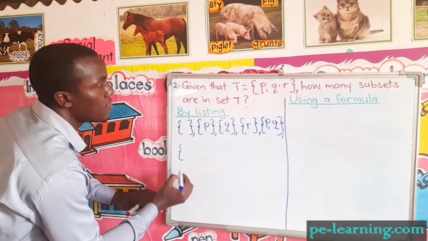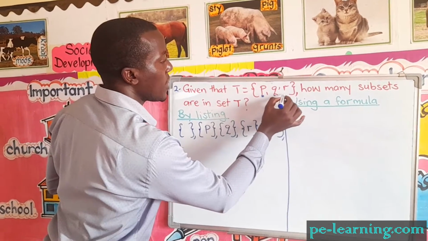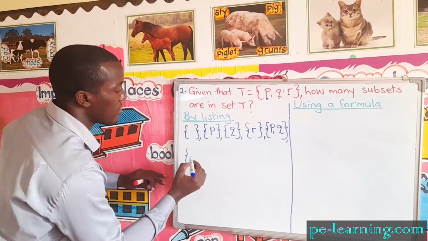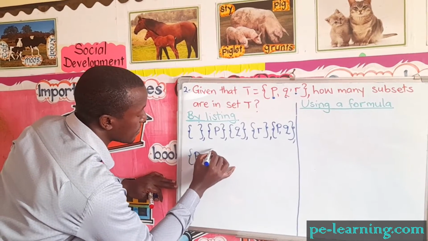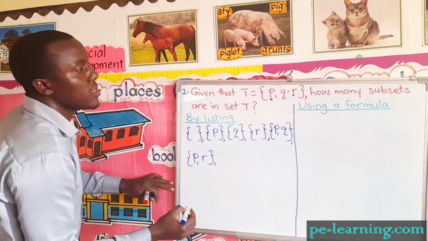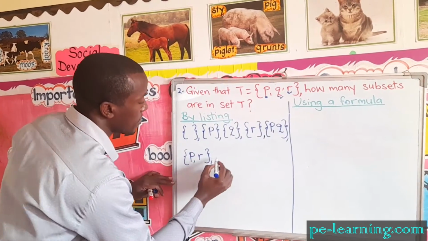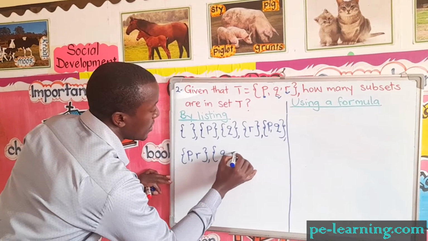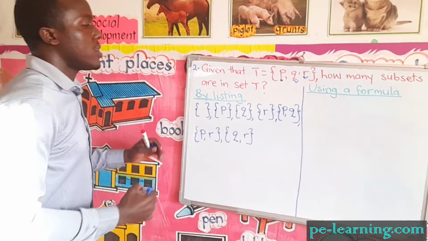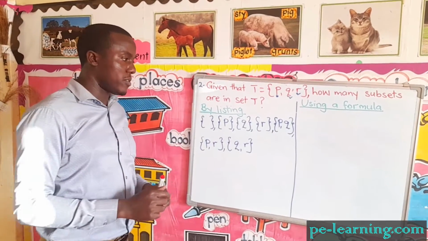We are going to have the next one as PR, and then the next one is going to be QR. Make sure you don't repeat any of the sets.